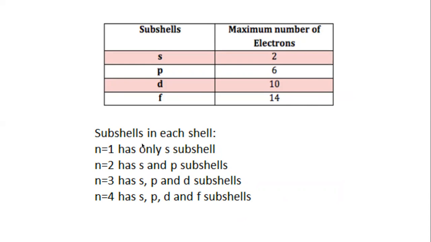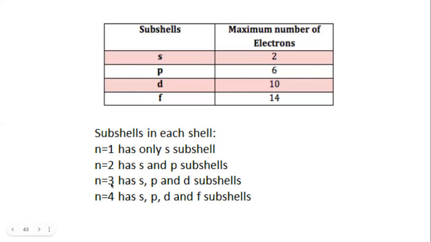Each shell has a certain number of subshells that it can hold. Again, n equals 1 is our smallest, lowest energy shell. And because it is so small, it only has 1 S subshell. Now, if we go to our second shell, which is larger, it can accommodate 2. So it can have S and P subshells.